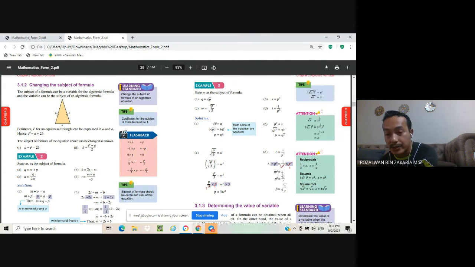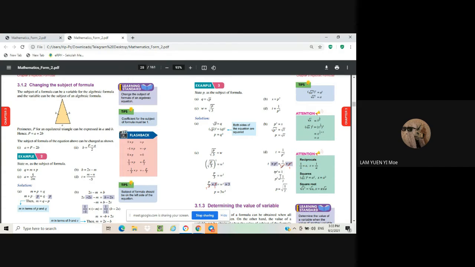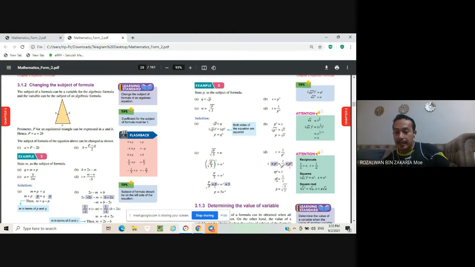On your right side also you need to divide by T. So that's why here become P square equal to 1 over T. Class, do you understand why this one happened? Why P square equal to 1 over T? Yeah, we divide both of the sides with the T, right?